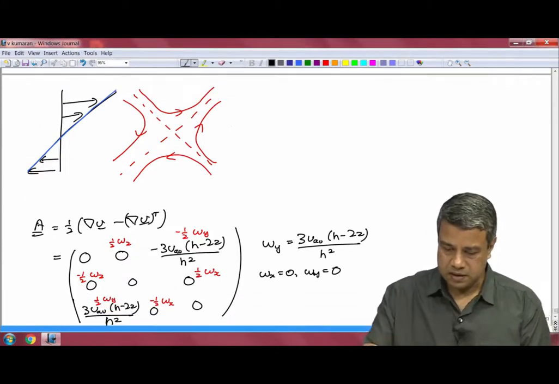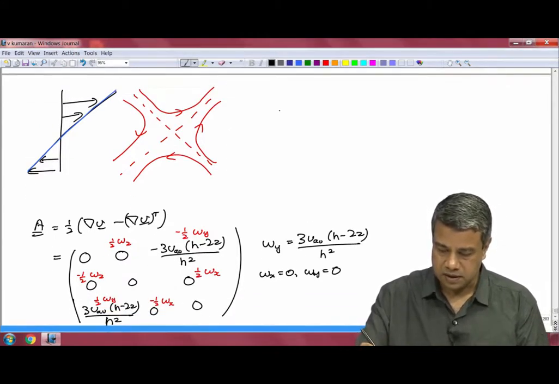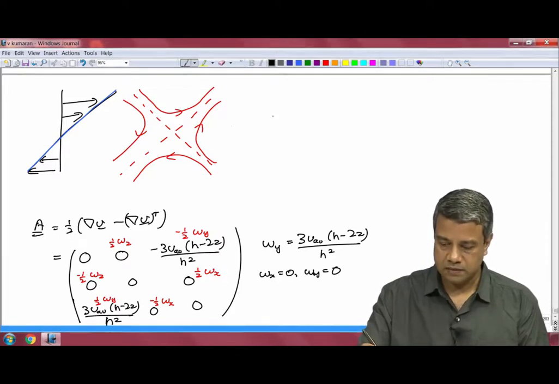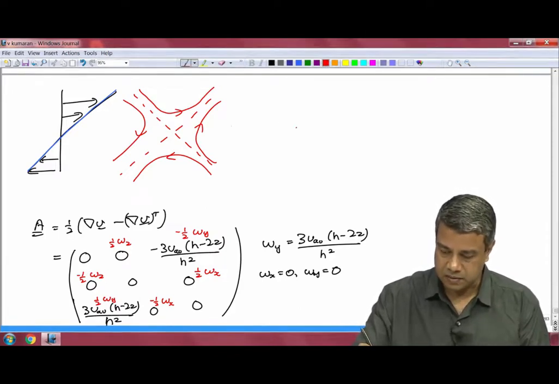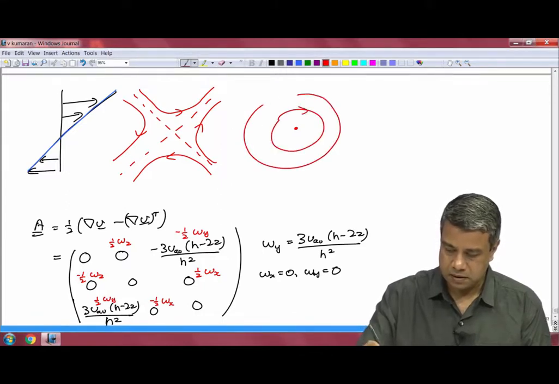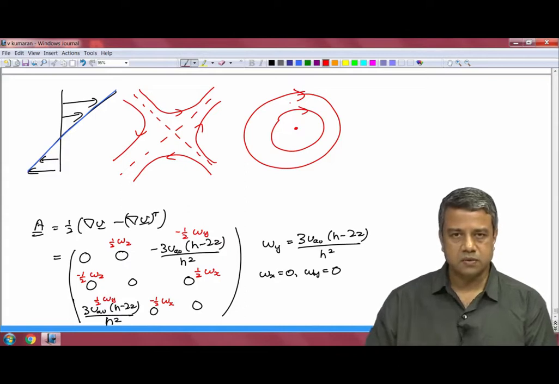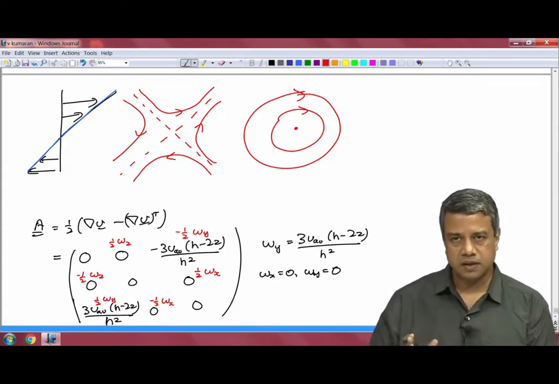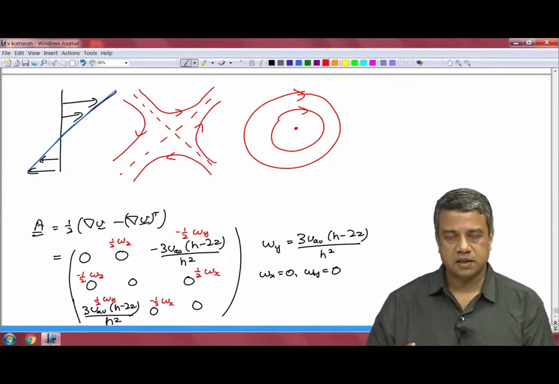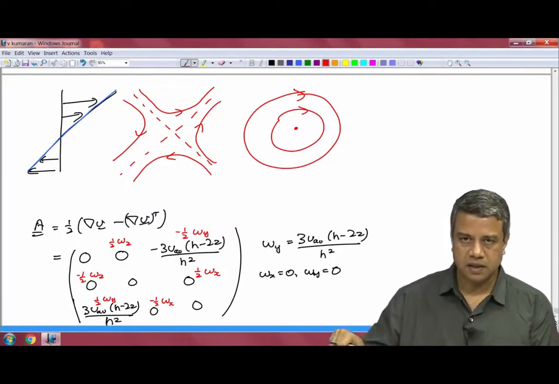So, in this kind of a shear flow, you will combine this with a rotation about the center that goes like this. These two types of deformation put together give you a linear shear flow. The rotation in this case will be along the plus y direction.